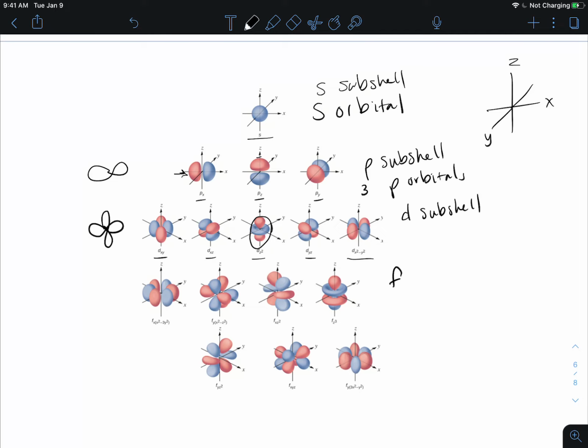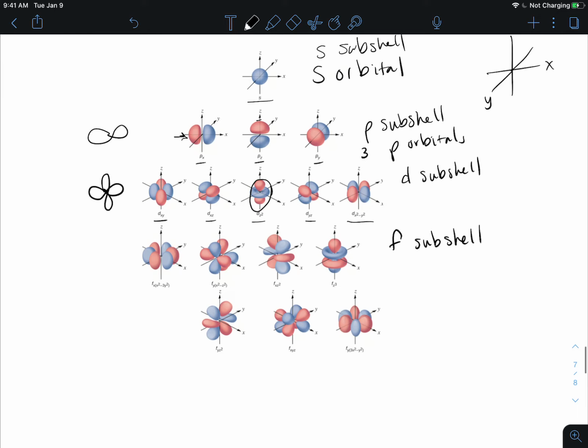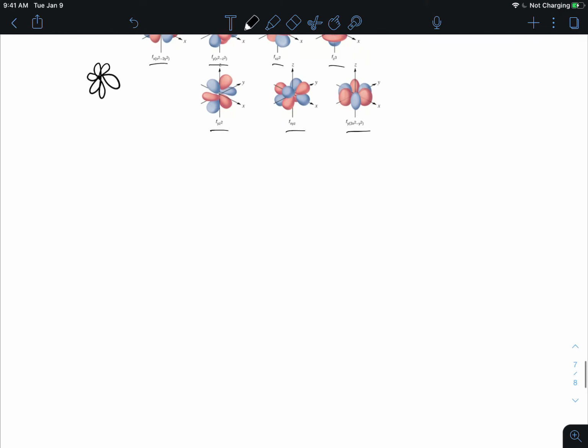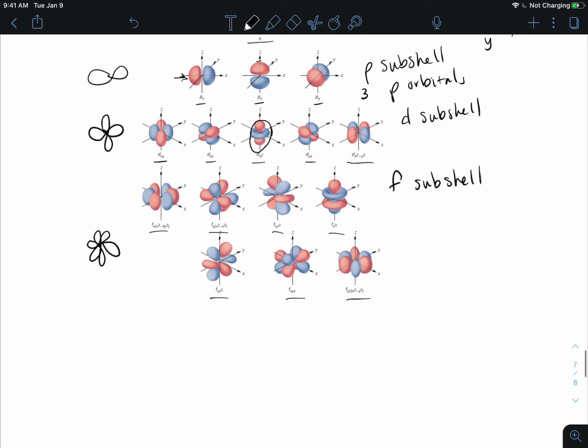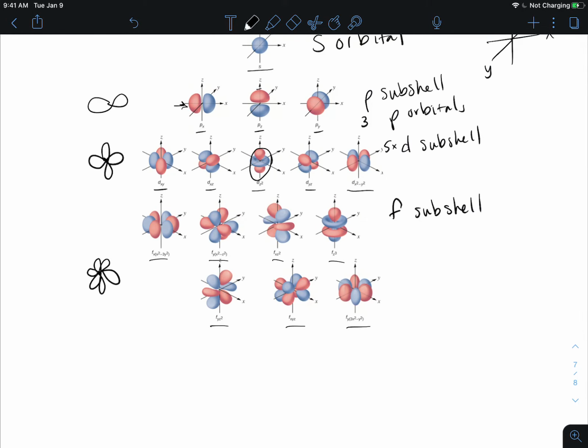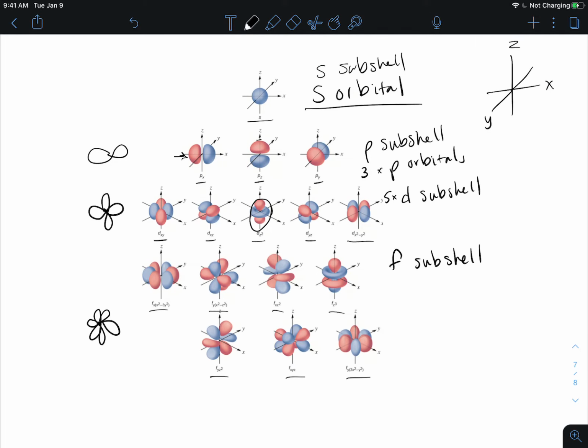And then lastly, our f subshell. Here, we've got just a plethora of different ones, and there are 6 lobes in total for most of these, and they've got some really funky orientations along some really weird axes. So just know that if you have an s subshell, you have 1 s orbital.